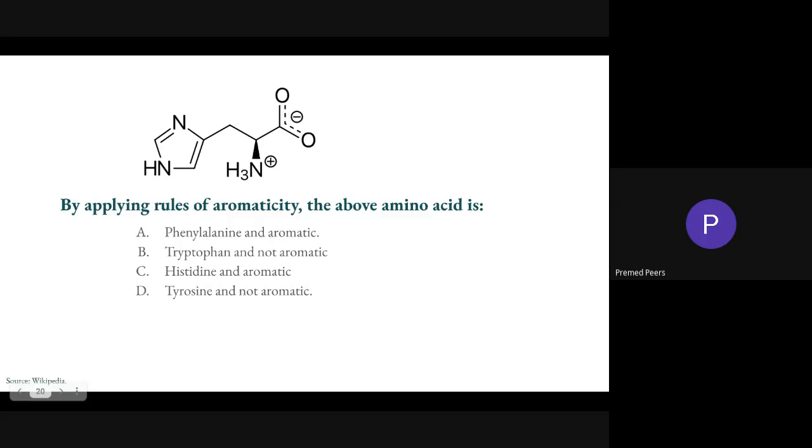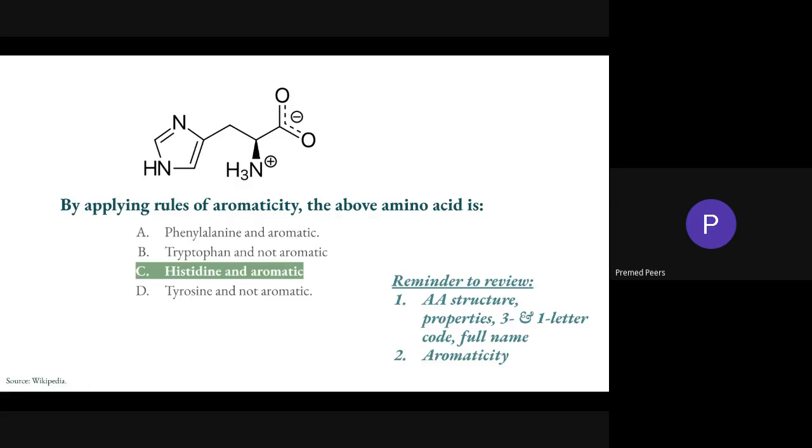For this question, if you went over the amino acid structures last time, then that is great. But if you forgot, then that is the time to remind yourself to study it. Not only study the structure, but also the properties, the 3 letter and 1 letter codes, and also the full name. You just need to recognize that, okay?